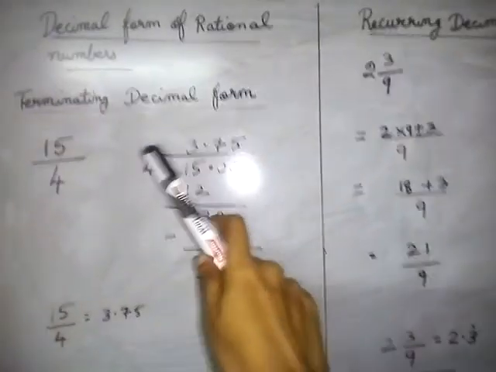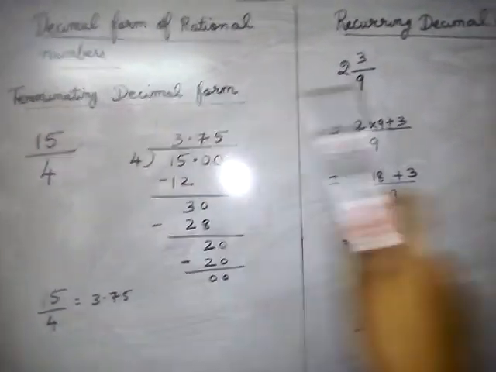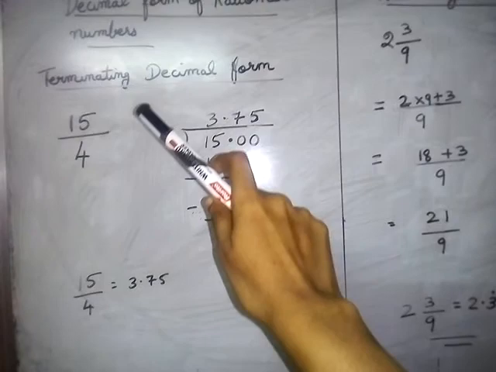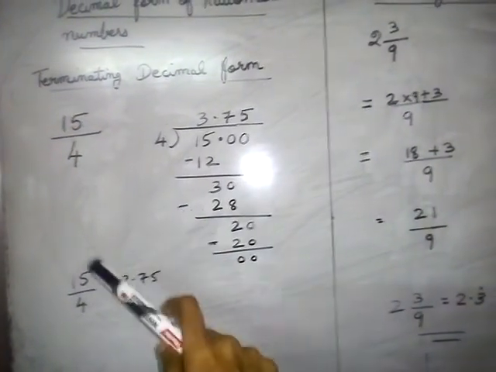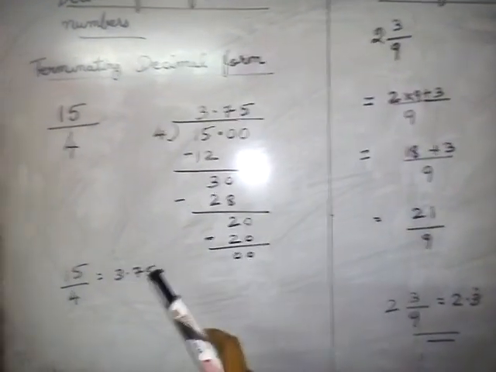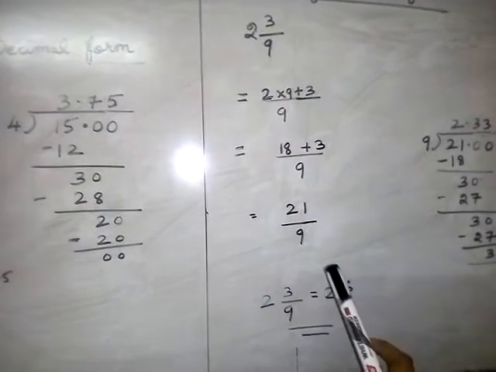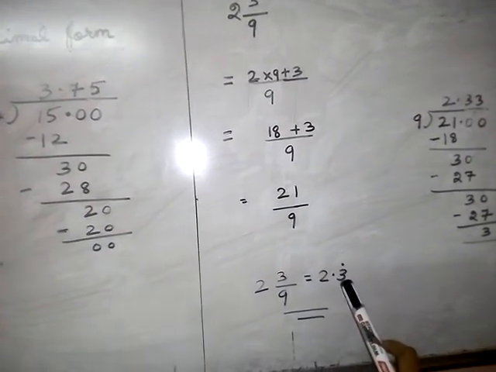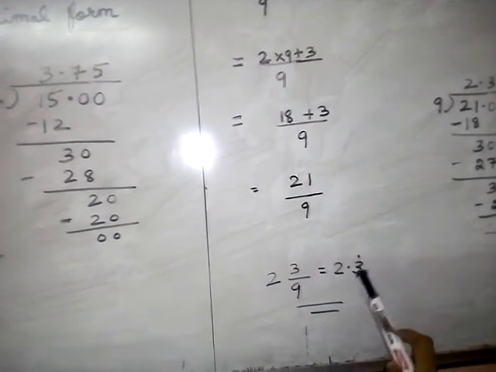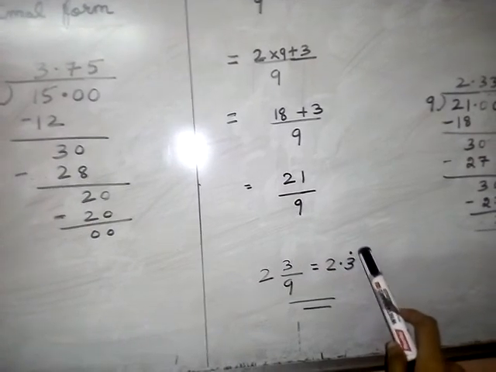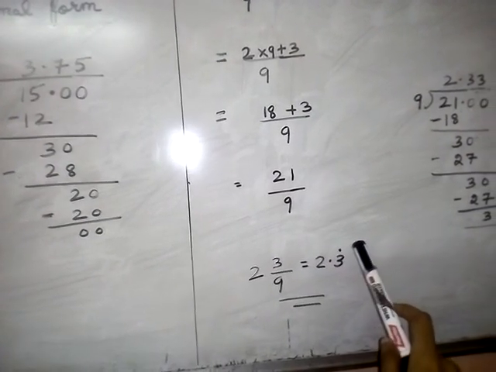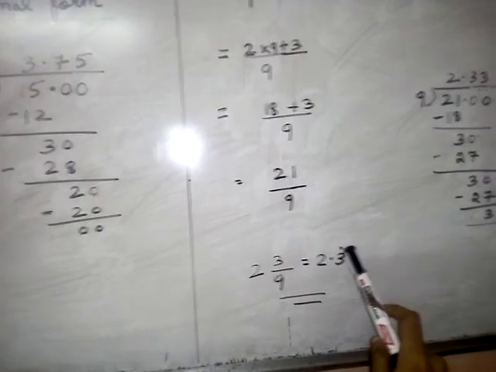For both types of decimal form of rational numbers, you have to write the question here again, and write the quotient you are getting as the answer. Even if the digits are repeating, write the question that is given, and in the answer, on top of the digit which is repeating you can either put a line, or if one digit is repeating, put a dot.